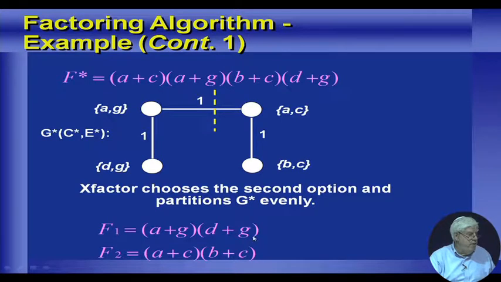Well, I just take the best solution for F1 and F2, and I substitute them into the original. So I have AG, DG, that's the second and the third. So I'll substitute F1 for that. I'll take whatever I get as the best for F2, and my function then is F1 times F2. That's how the recursion works.